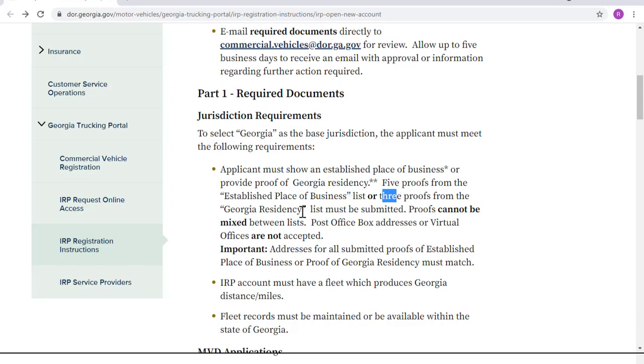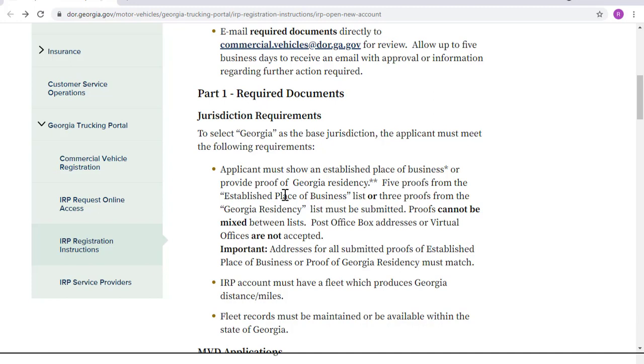However, if you don't complete this form under the Georgia residency, you're saying basically that you have an established place of business. Okay, so there's a physical location where you office. That's what that means.